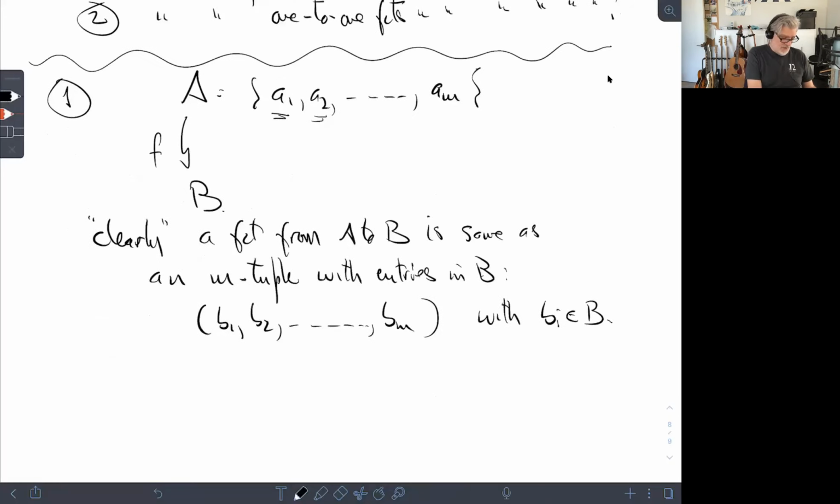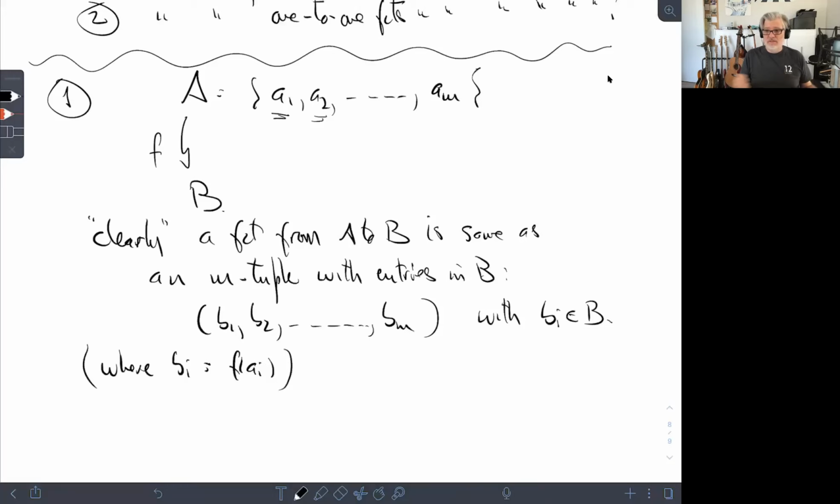So the first entry is the value of the function at A1. The second entry is the value of the function at A2, where Bi is f of Ai. Okay, so what I'm counting are the possible m-tuples of entries from B.